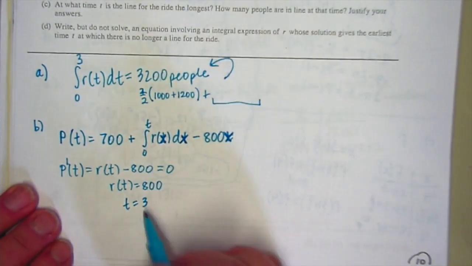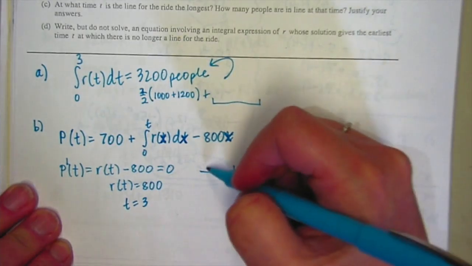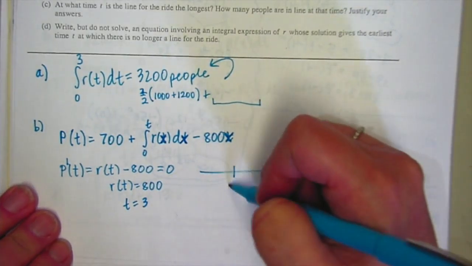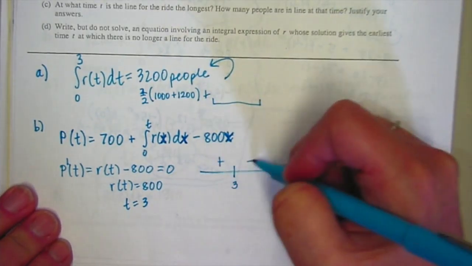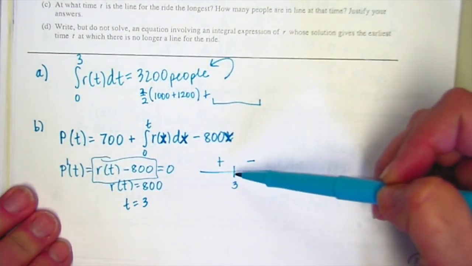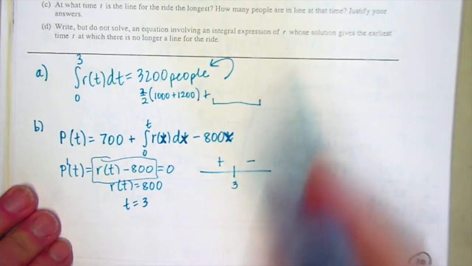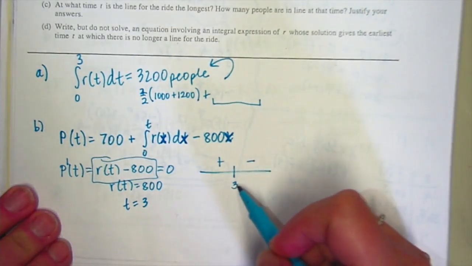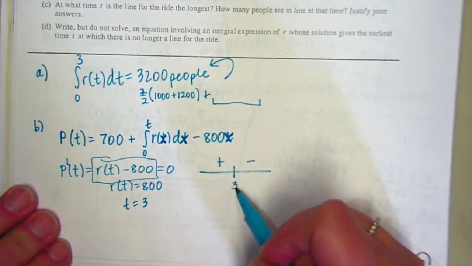I could verify that by doing an actual test at 3. It does go from positive to negative, this function, right? So it looks like that would be the actual relative max, okay?